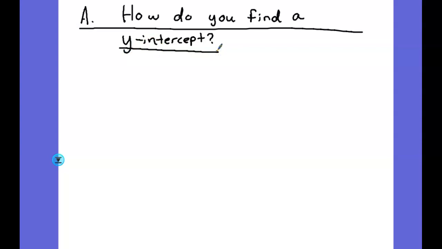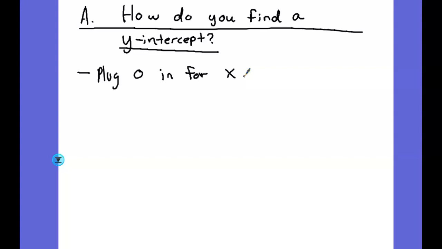We've done this many times this year in various circumstances. The answer is always the same. You plug 0 in for x. That's it. You plug 0 in for x.